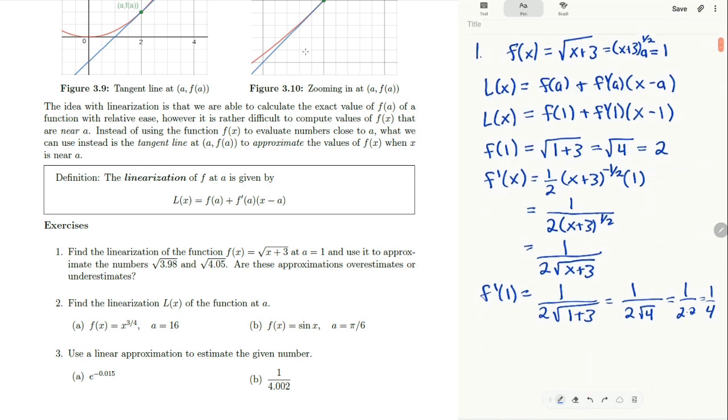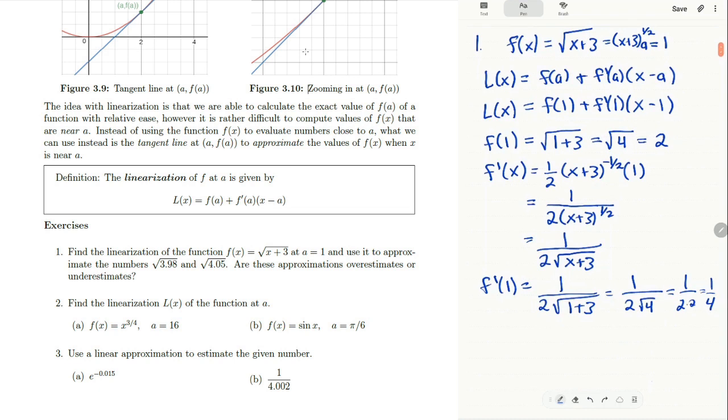So now we can use this to find our linearization. So the linearization of our function is equal to 2 plus 1/4 times x minus 1.